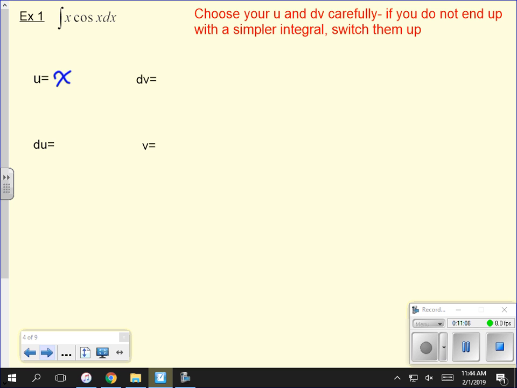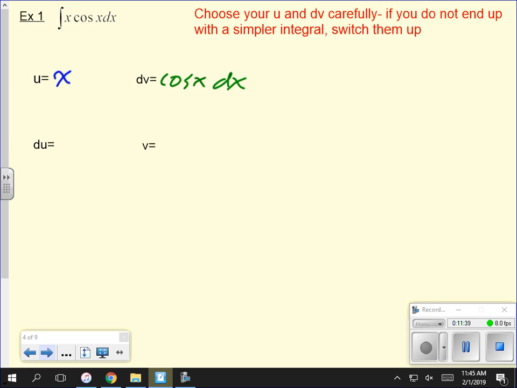It is a polynomial. And so if x is my u, then my dv would be cosine x dx. Everything has been put into one or the other. That's my first and most important step. Everything there is one or the other object.